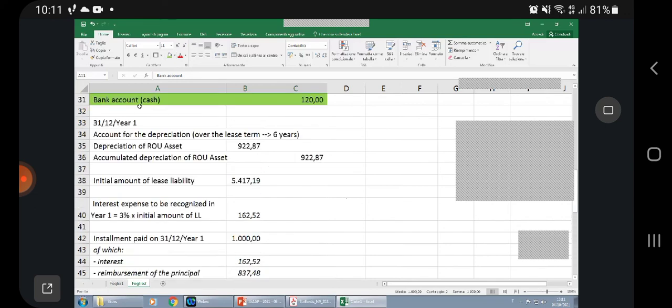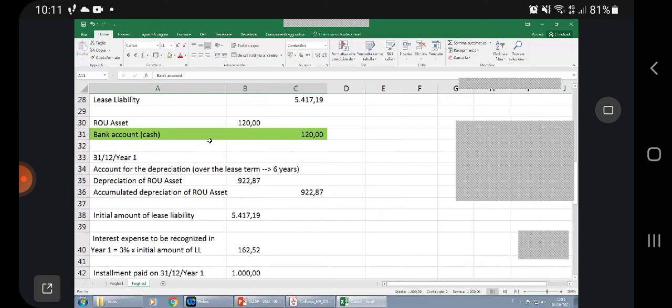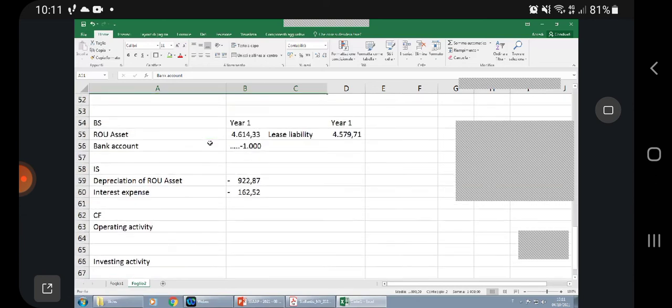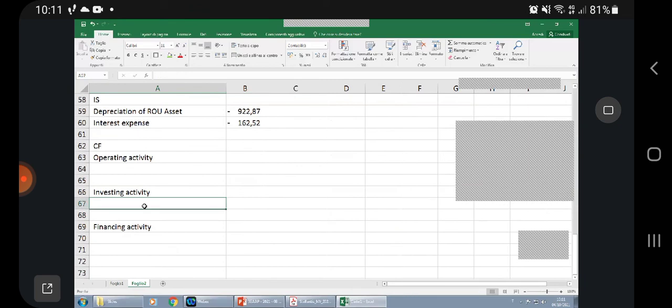120 was because of the upfront payment done at the inception, at the commencement date. And this is done in order to invest in the right of use asset. So this is here, payment for upfront for leases.